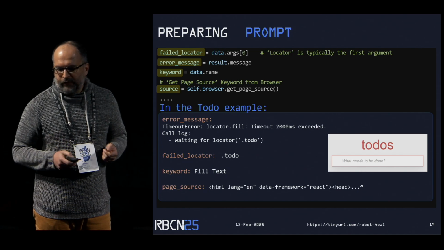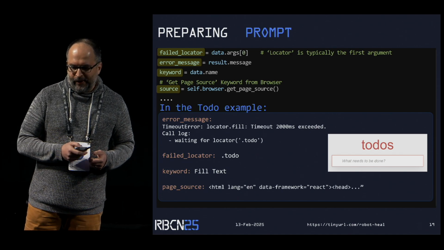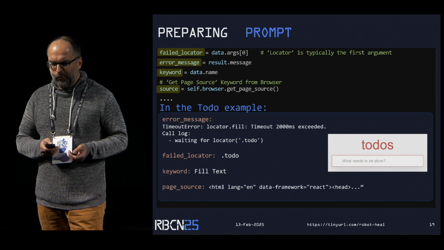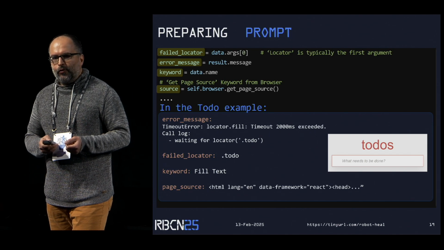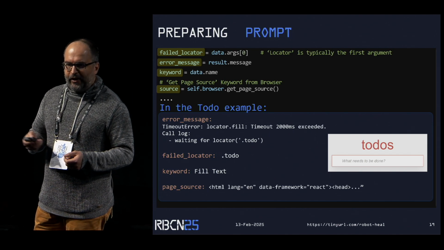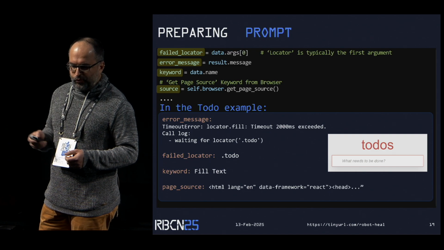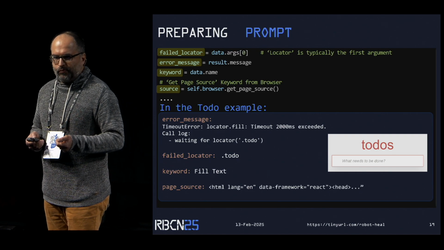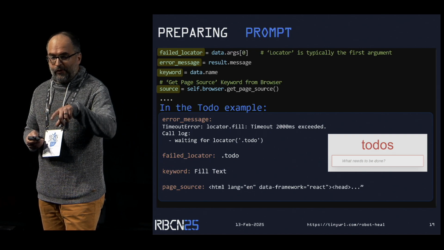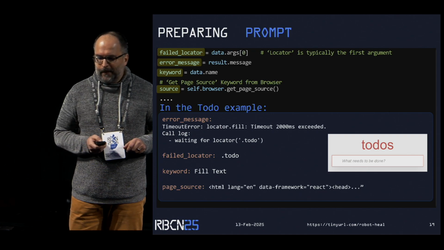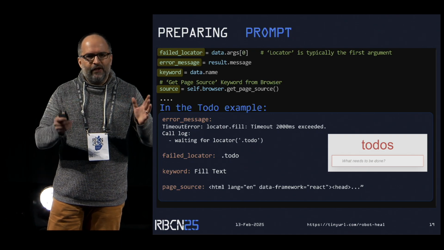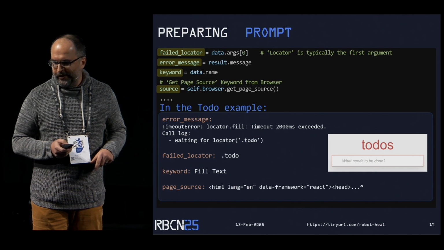So the error message is just the Robot Framework error message, waiting for locator .todo. The failed locator is the broken locator I was currently using, just .todo. And the keyword is, for example, Fill Text, when I was entering the text here. And the page source, yeah, a lot of HTML. Won't show it here completely.